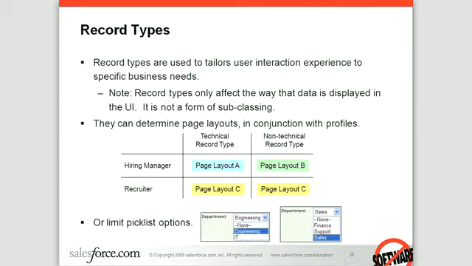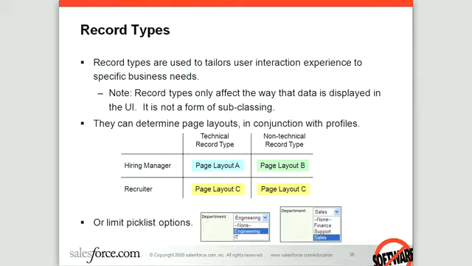So the first image we have up there, it says technical record type and non-technical record type. And then on the vertical column, we have hiring manager and recruiter. Well, those are two profiles, right? So for the hiring manager profile, if it is a technical record type, we could determine that we utilize or display page layout A, or the blue one.